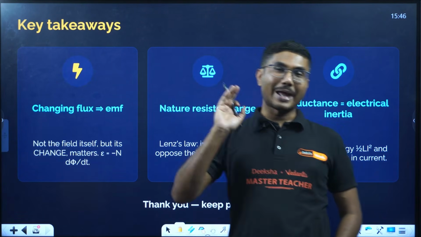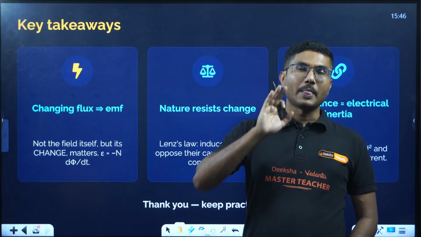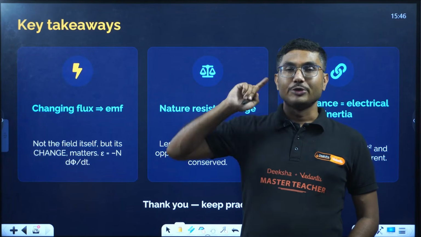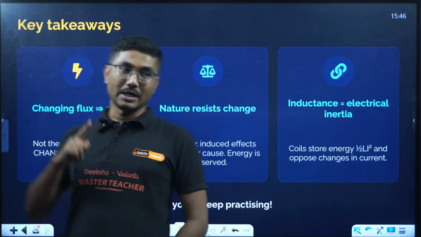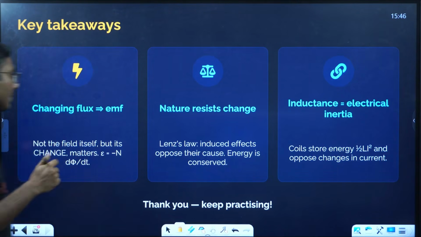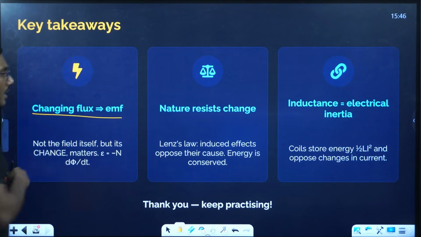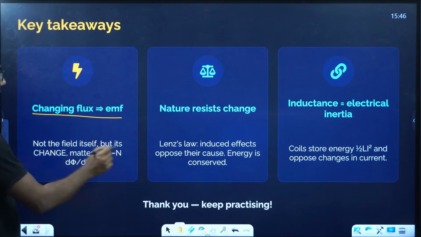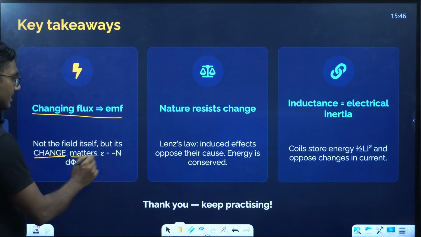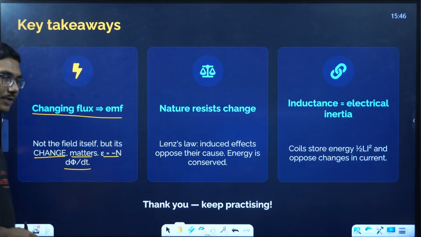As long as the magnetic field is fixed, the induced EMF will be 0. Induced EMF will only happen when there is a change in flux. So changing flux gives rise to EMF. Not the field itself, but the change matters: epsilon is equal to minus n d phi by dt.